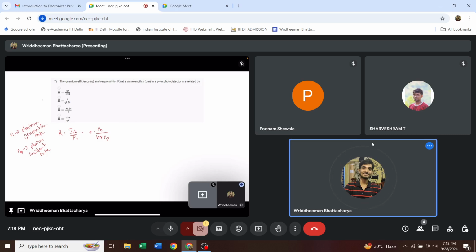So thus we'll get it as e by h nu, which gives us lambda in micrometers over 1.24. So with this, option A is the correct one.